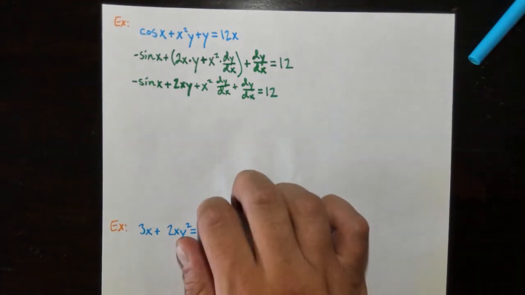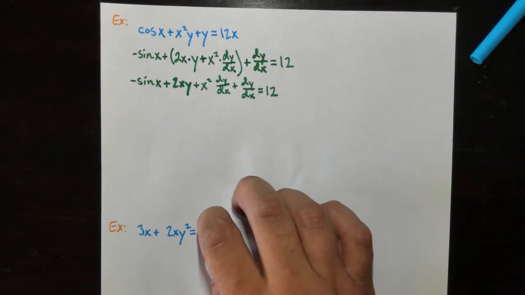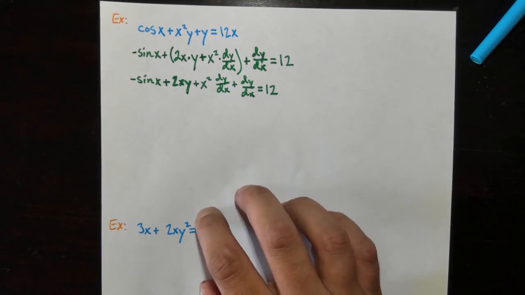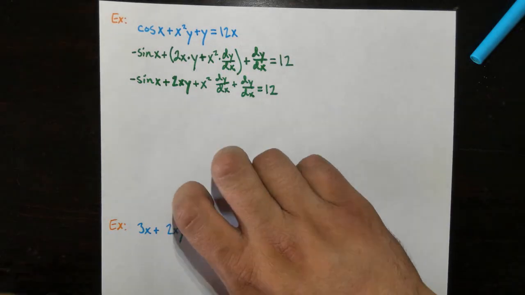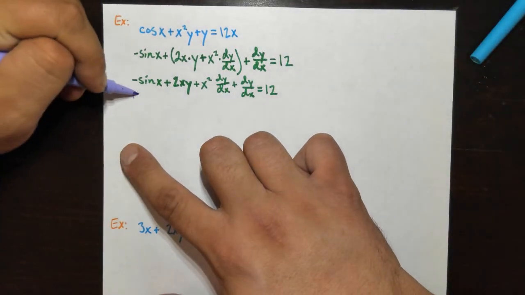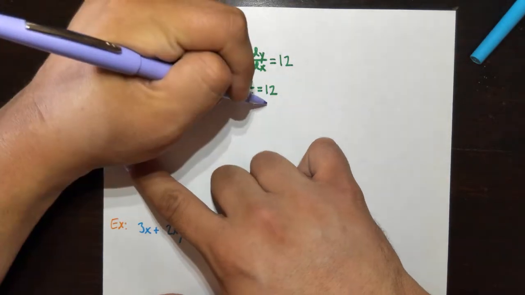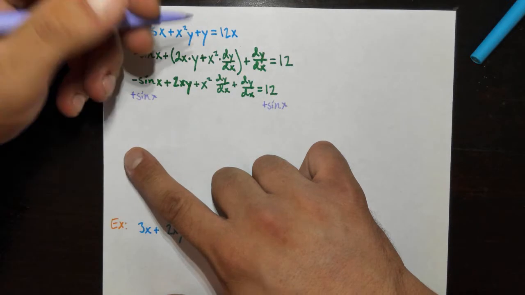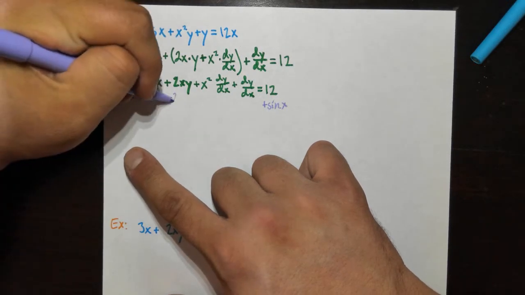So now we need to solve for dy/dx. So let's start with getting all of the terms that don't have dy/dx onto the other side where that 12 is. So it looks to me we need to add sine of x to both sides, and we need to subtract 2xy.